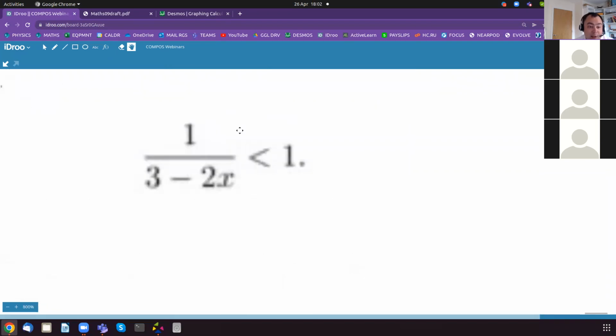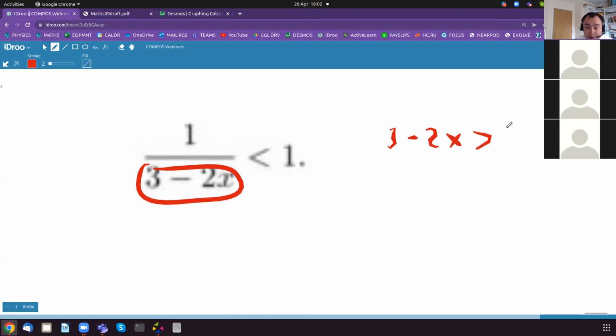Another way is just to see what we have here. We have two possibilities. One possibility is that this is a positive number. And if this is a positive number, it has to be bigger than 1, because 1 over something is less than 1. If this is positive, that means that 3 minus 2x has to be greater than 1.